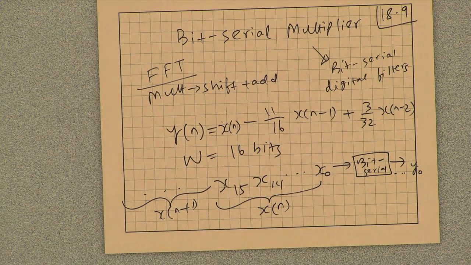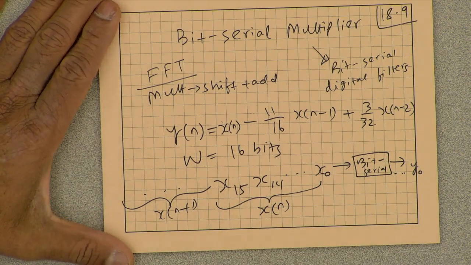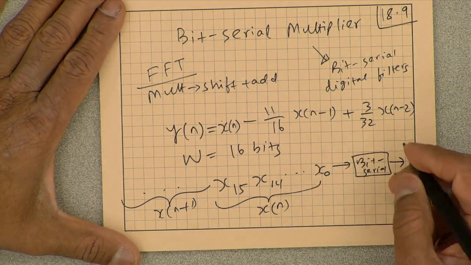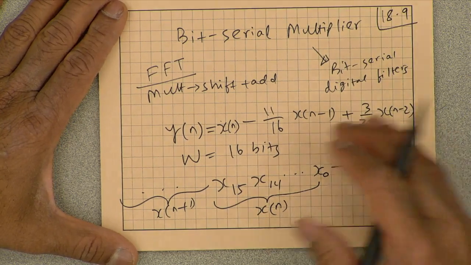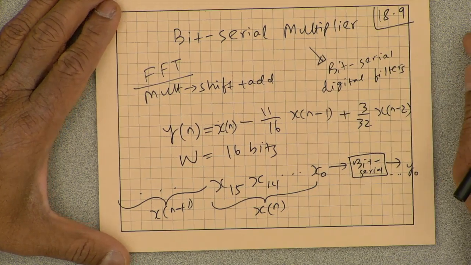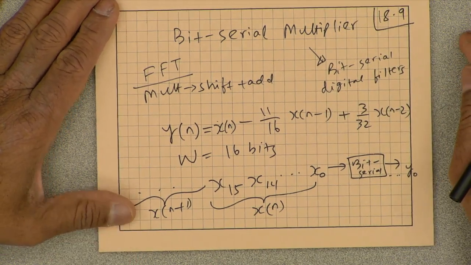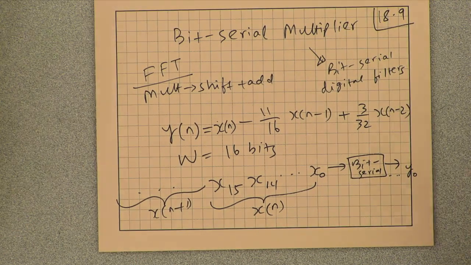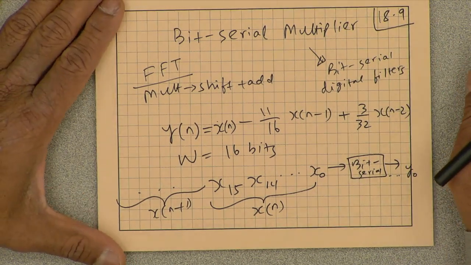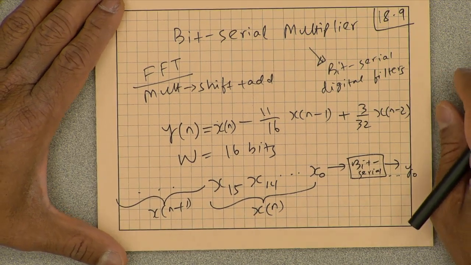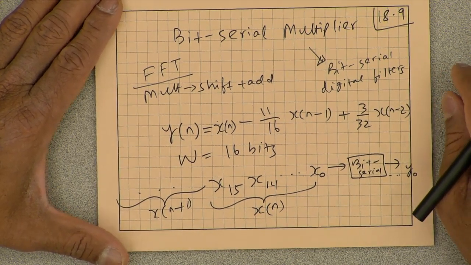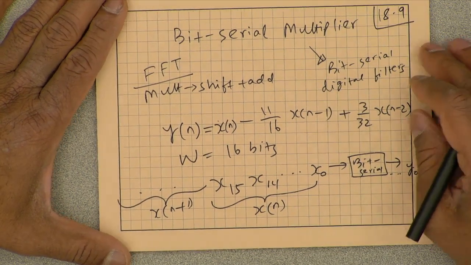So in bit serial digital filters, the signal is processed 1 bit at a time. In the whole parallel multiplier, whether a parallelogram or a triangle, it doesn't matter, if you think about a parallelogram of size w by w, there are w squared dots sitting there, which are partial products.